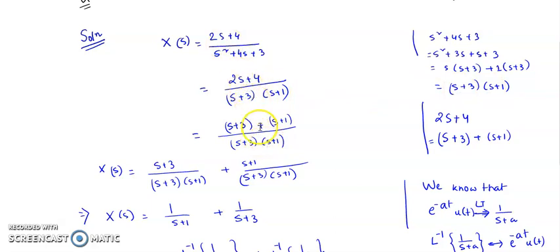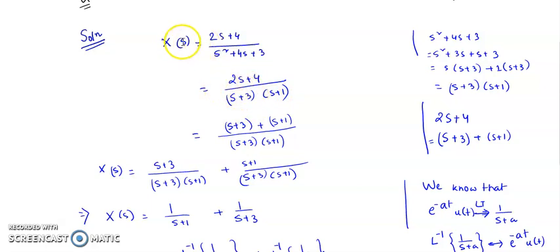In the next line we want to reduce the factors in the denominator. There are two factors here, s + 3 and s + 1. We want to cancel out one of the factors so that we get a simple fraction of the form 1/(s + a).